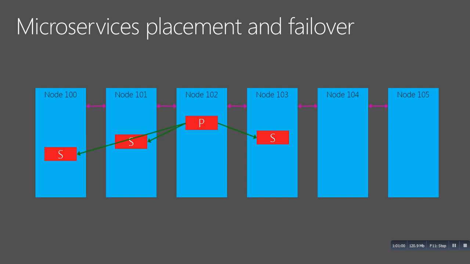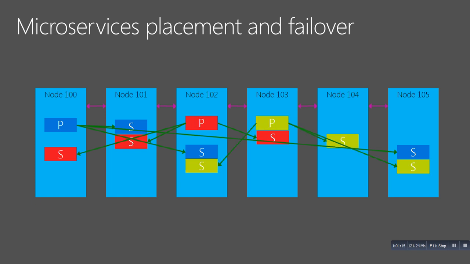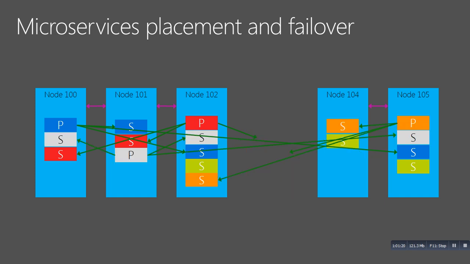In case of node failure, say node 3 fails. In that scenario, all these nodes will be sending messages across to find whether any service primaries are down.